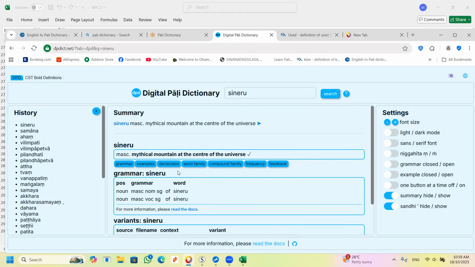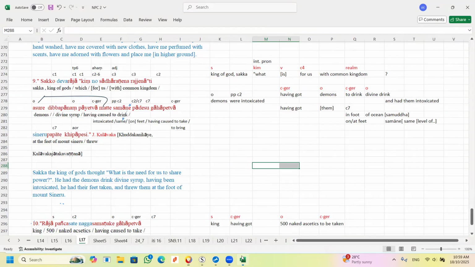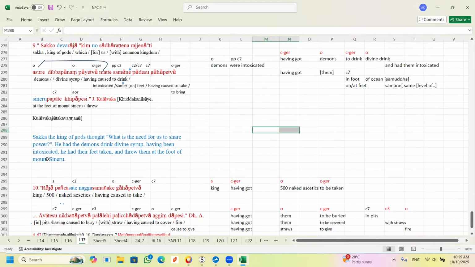Maybe it's in between. Okay, don't talk about this because we are not sure. But this is the translation; they think that this refers to this one. Anyway, it doesn't matter. Some parts we cannot translate, but overall we can understand: at the feet of Sineru or the ocean, anything is okay.